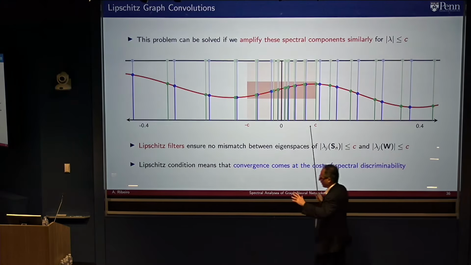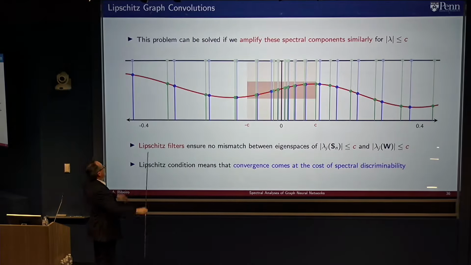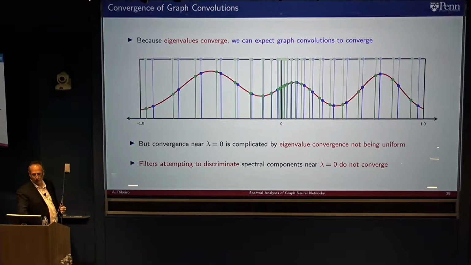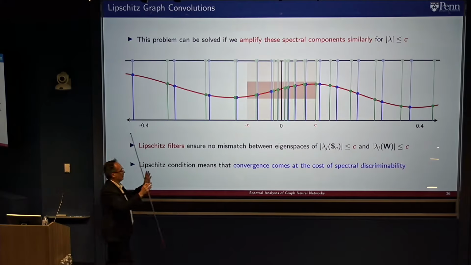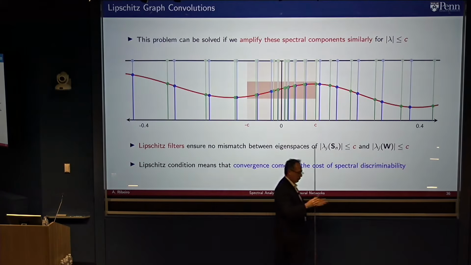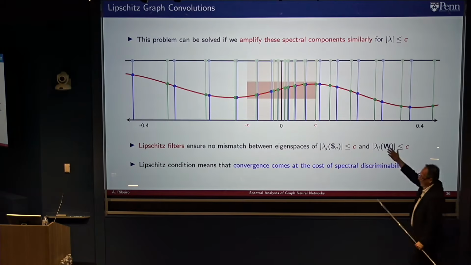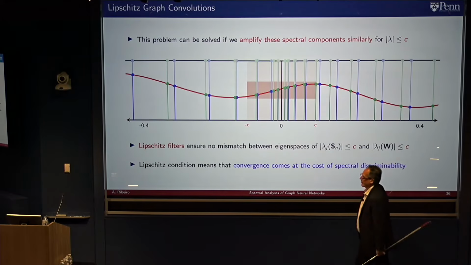The graphon is a normalized kernel, therefore the eigenvalues are between -1 and +1. But when we get close to 0, convergence gets complicated by the fact that eigenvalues are difficult to discriminate from each other. All of the eigenvalues will converge to the respective eigenvalues, but there will always be an eigenvalue that is still far from convergence.